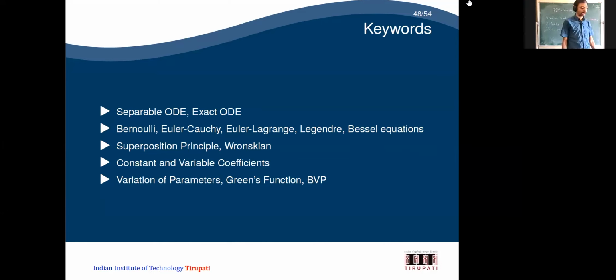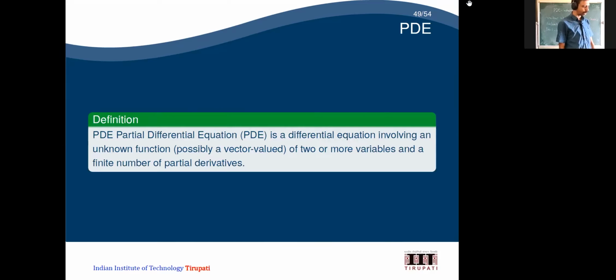If you have u1, u2 as solutions, then c1 u1 plus c2 u2 will also be a solution, for example in linear motion. Also the Wronskian: if you find the solution at one point, then you can find the solution for all the points. Then you might have seen ODE with constant coefficients and variable coefficients, and variation of parameters, Green's function. These are technical words, so I'm just skipping them quickly.